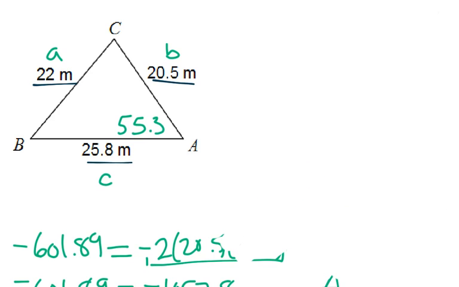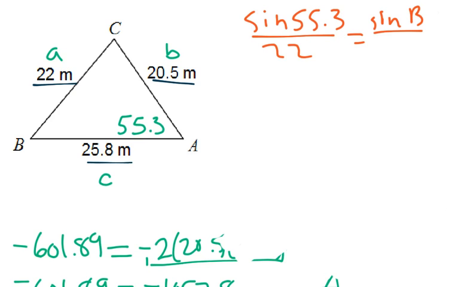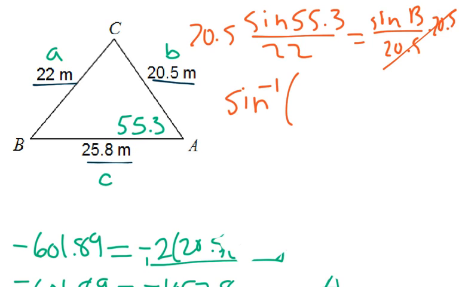So we'd go the sine of 55.3 over 22 equals, let's find angle B, sine of B over 20.5. So I multiply by 20.5, those cancel. So then I'm going to get the inverse sine, right, because we're finding the angle, of 20.5 times the sine of 55.3 over 22.